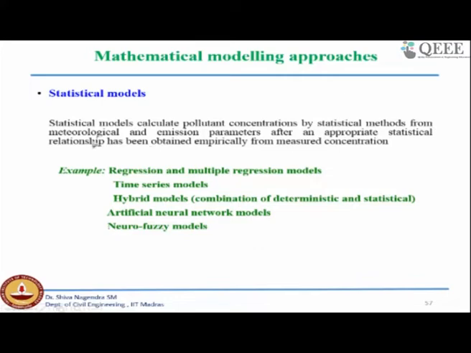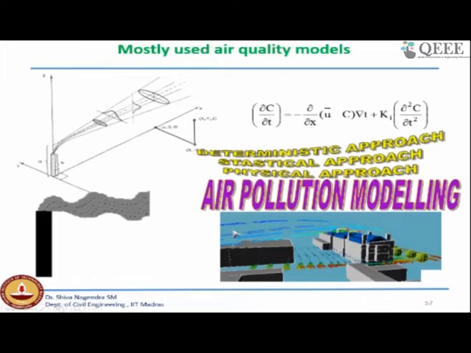So a statistical model is one such technique which tries to relate the pollutant concentration with meteorological and emission variables. Examples are regression and multi-regression models, time series models, and hybrid models, which are a combination of deterministic and statistical models, artificial neural network models, and neurofuzzy models.